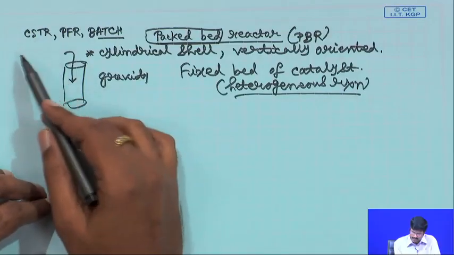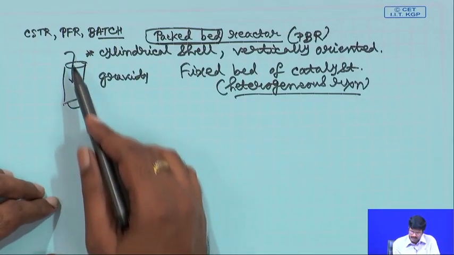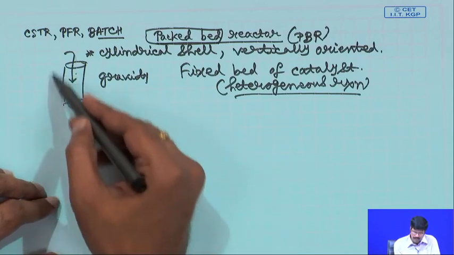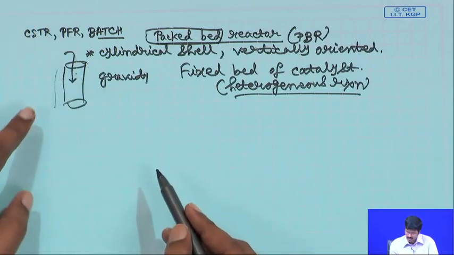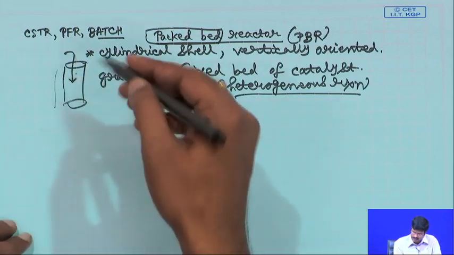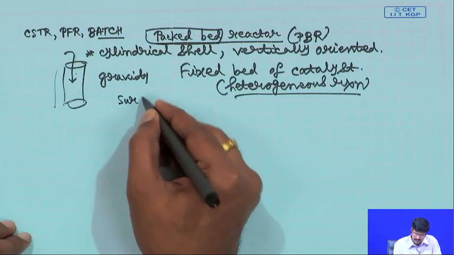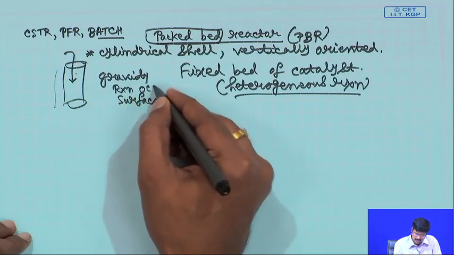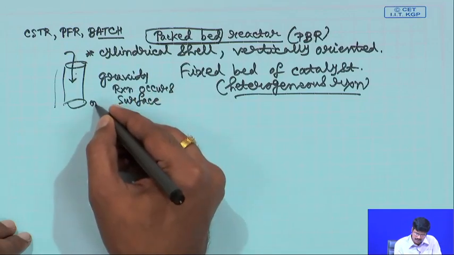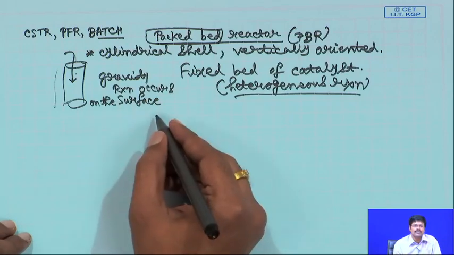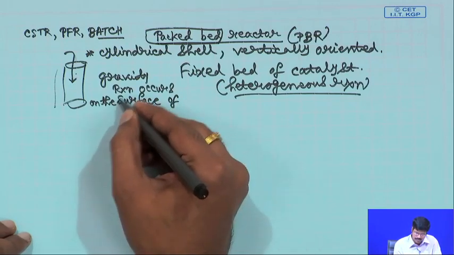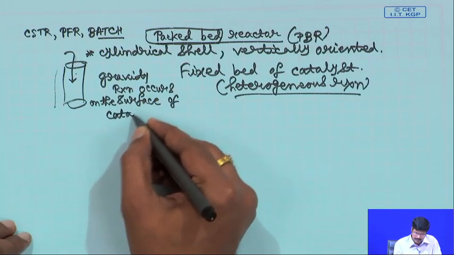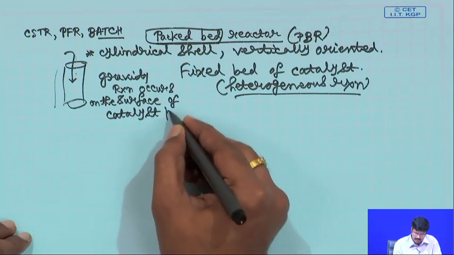Reactants enter from the top and flow through the catalyst bed, and of course, there will be a concentration gradient, and the reaction will occur on the surface of the catalyst pellets.